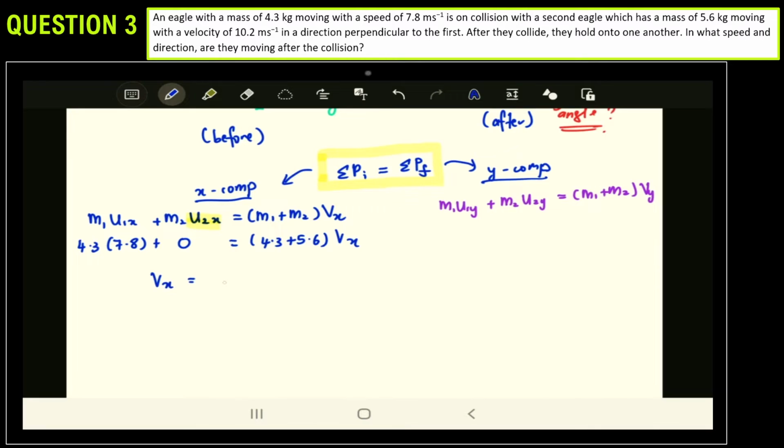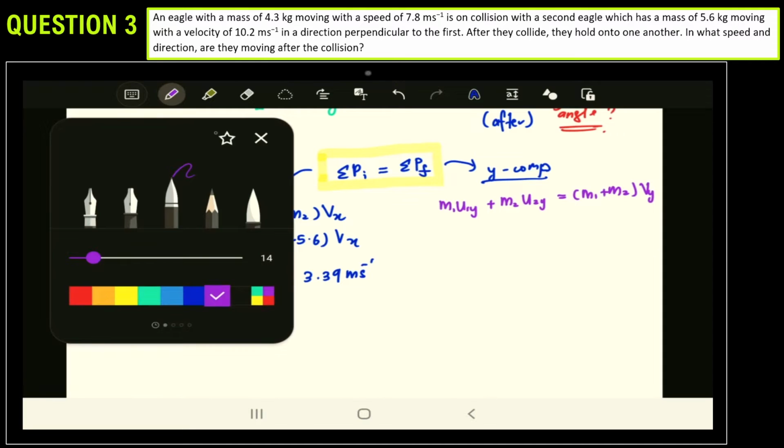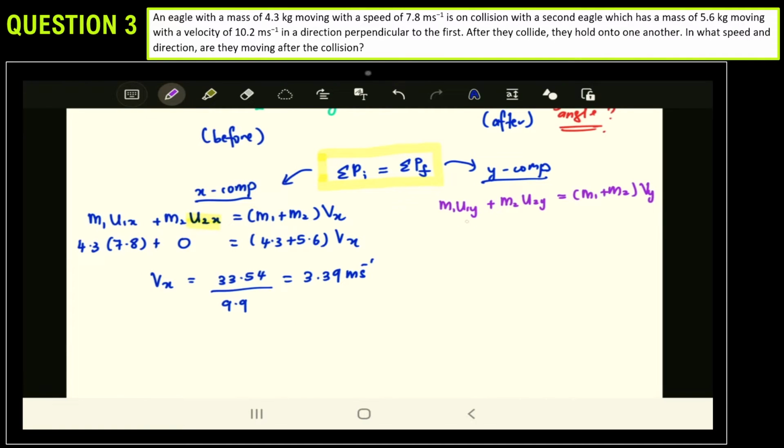Therefore, Vx is equal to 33.54 over 9.9 is equal to 3.39 meter per second. So this is the final velocity in X component. How about Y component? So M1 U1y, look at here. The first eagle yang pertama tidak bergerak in Y component.